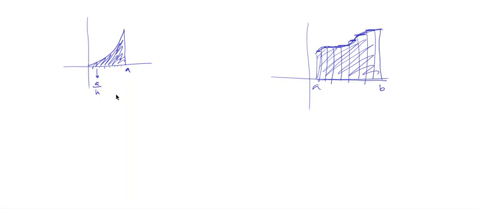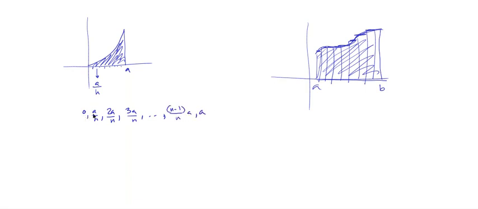The points that divide the interval are 0, a/n, then you have 2a/n, 3a/n, and so on, until you get (n-1)/n times a, and a.